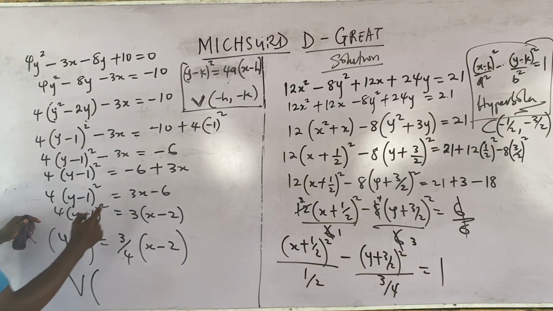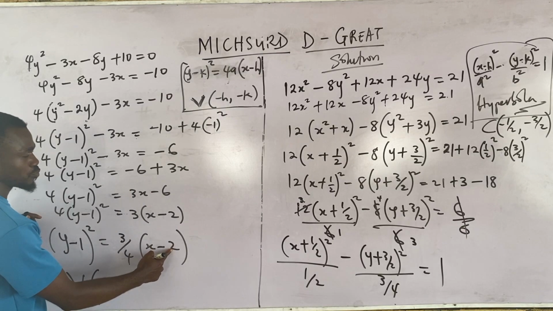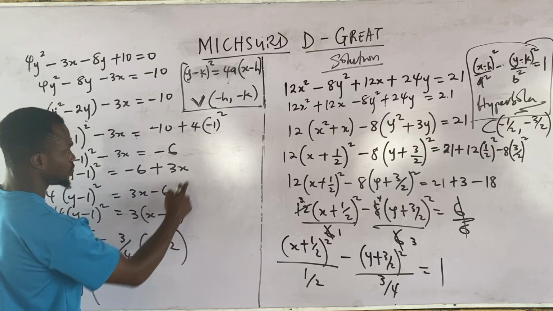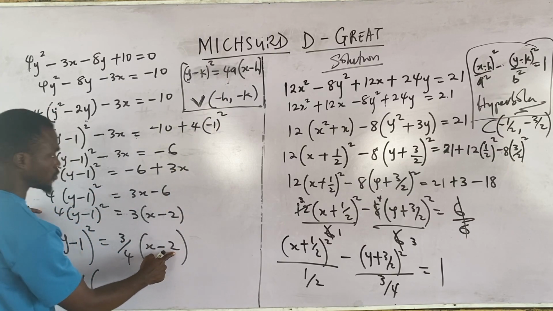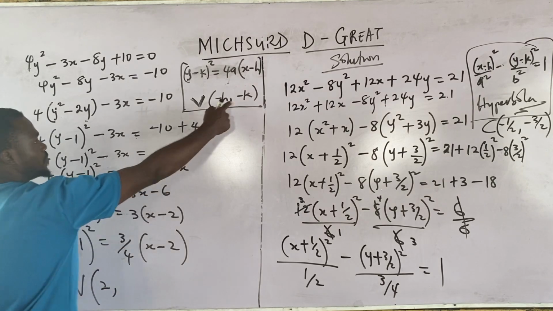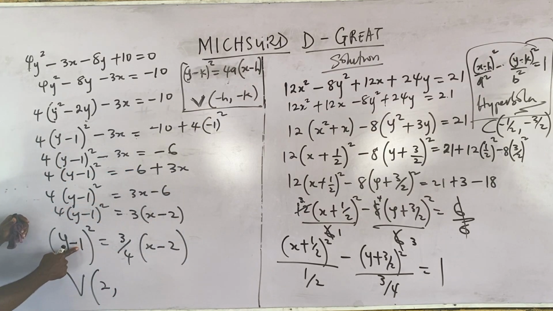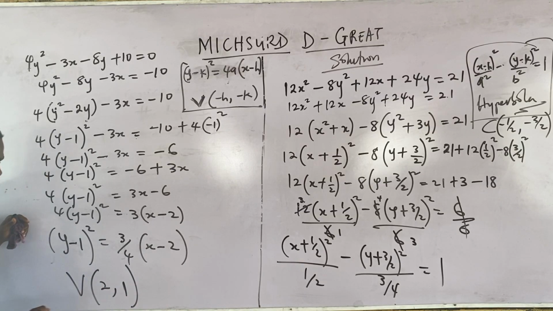So this is where the h is. So h is 2, and k will correspond to this, which means that we have 1. So that means the vertex is 2, 1.